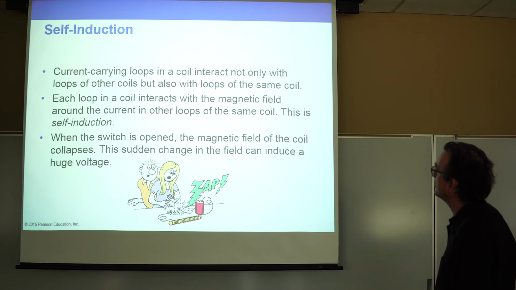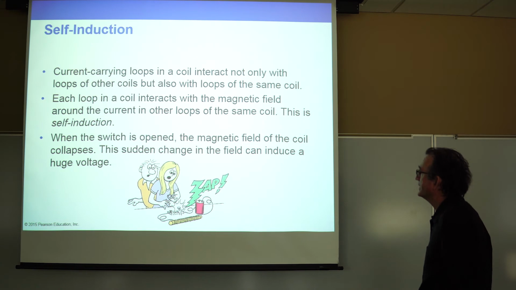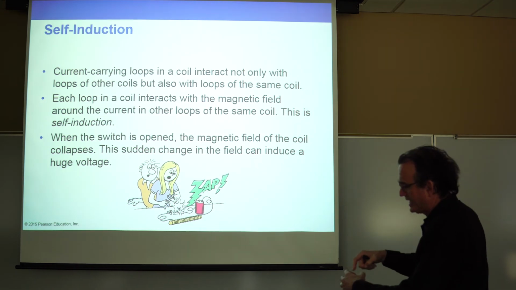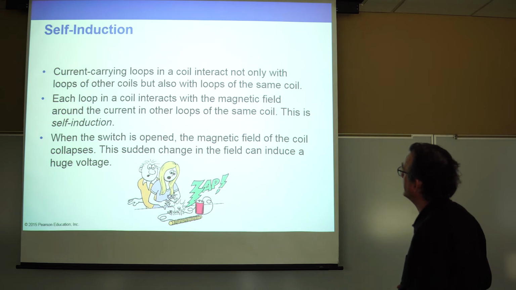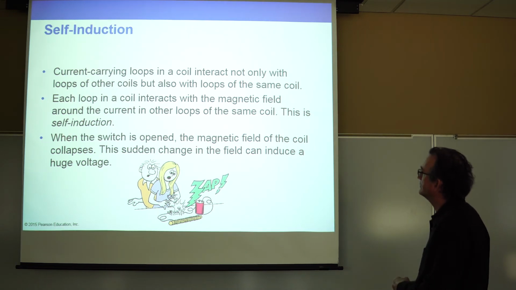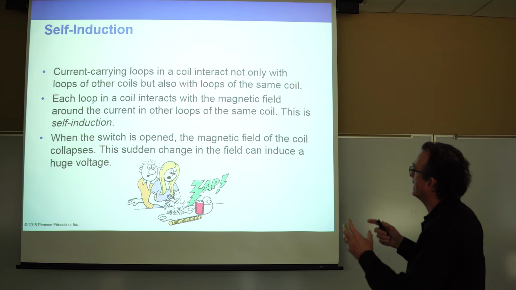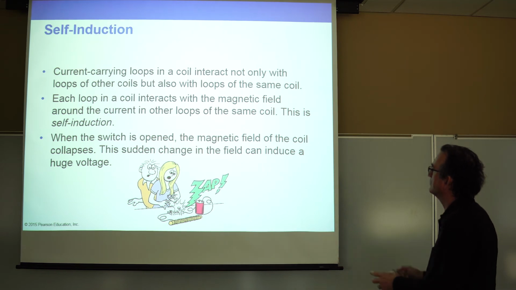So in other words, every loop in that coil is generating a magnetic field that interacts with the currents in the other loops. And this is called self-induction.